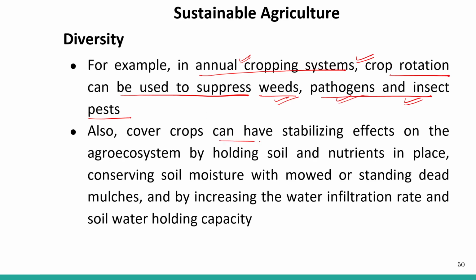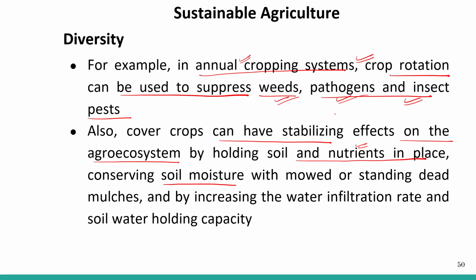Also, cover crops can have a stabilizing effect on the agro ecosystem by holding soil and nutrients in place. We have discussed that if you grow two crops at the same time, that is mixed cropping or alternate cropping pattern, then you can stabilize the nutrients in the soil, and conserve the soil moisture as well.